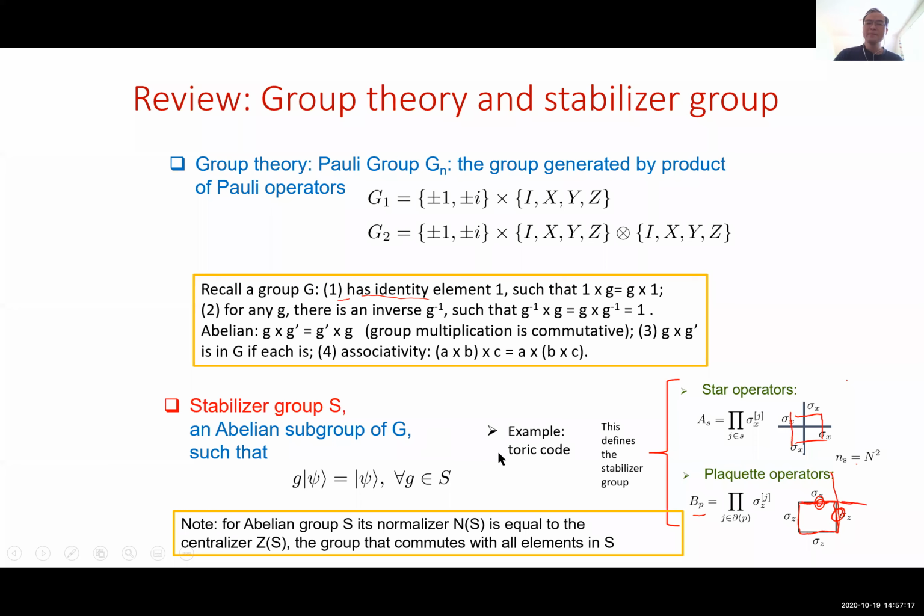And we have noted that by multiplying this over all the vertices, the A_s give 1, meaning that there is a constraint. There's one constraint on A, and there's another constraint on B_p. Therefore there are two encoded qubits on the torus.